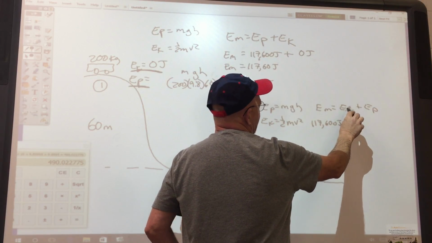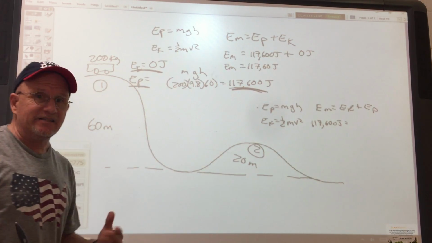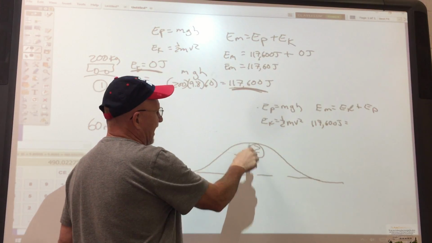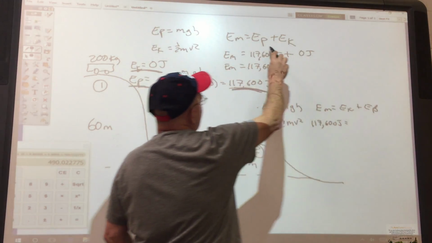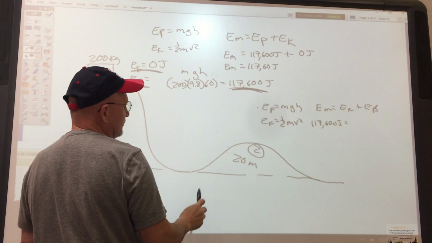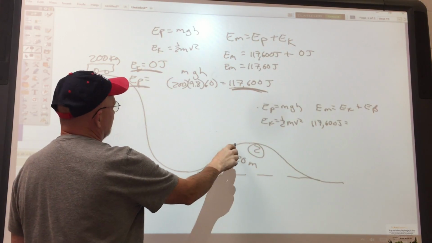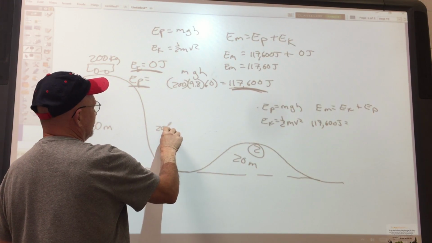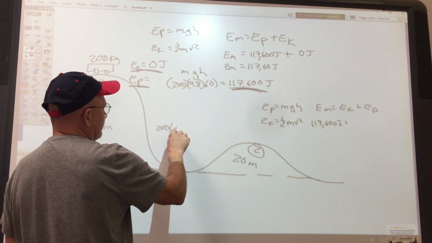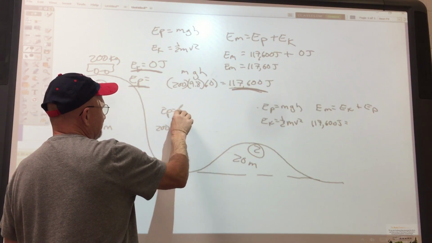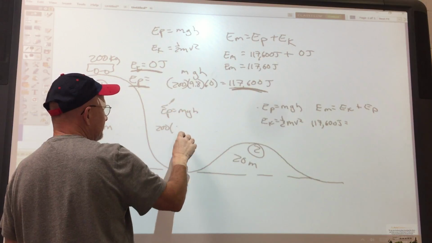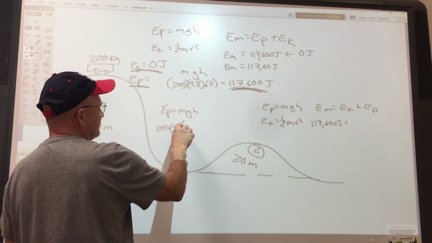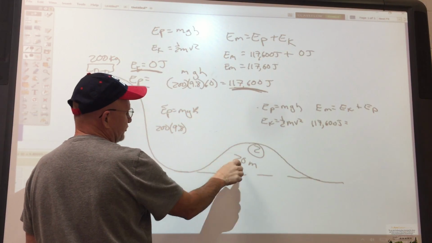Now all I need to find is the EK and the EP. The easiest one to find, since I have a height, is EP, the potential energy. This is the EP formula: mass, gravity, height. I have a mass of 200, gravity is 9.8, and my height here is now 20.